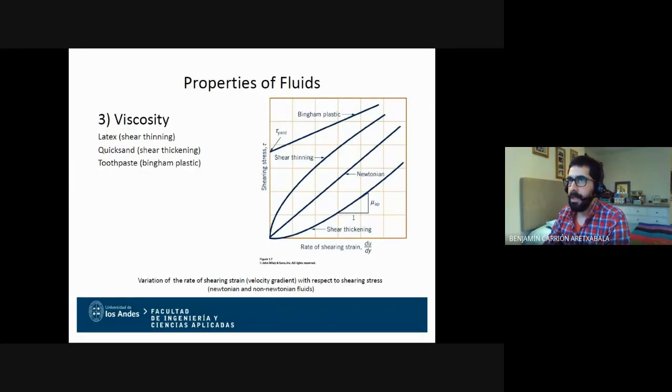It's something like flour, called maizena. I don't know the name in English, but it's cornstarch. If you mix cornstarch with water, it depends on the exact combination, but if you make a fluid with that, it will behave like a shear thickening fluid.